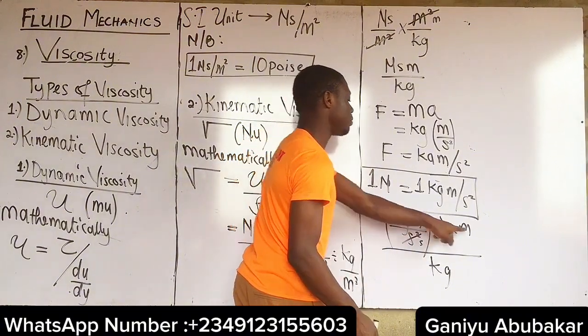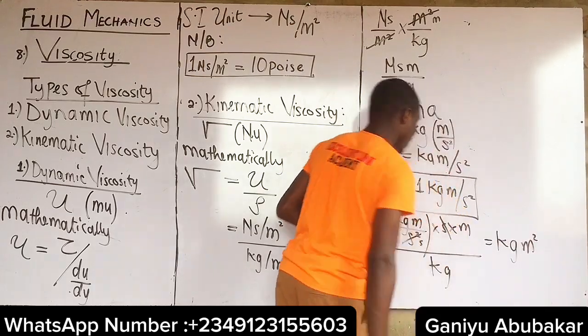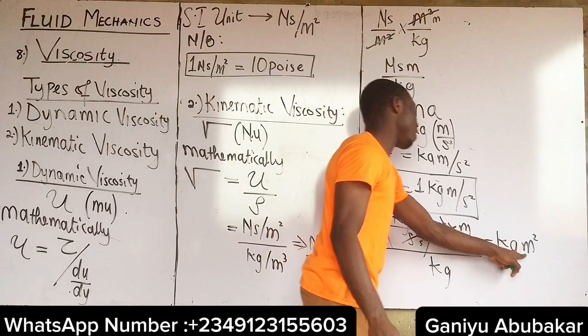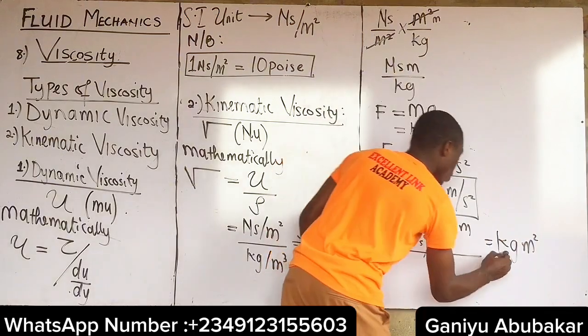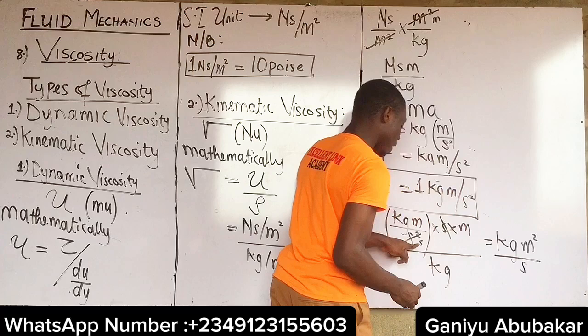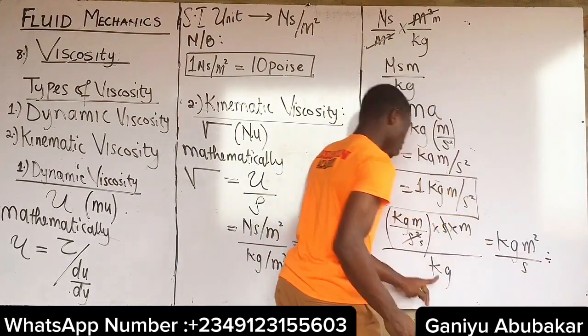Kilogram times meter will give kilogram meter squared, right? Kilogram times meter times meter. Meter times meter will give meter squared. Then all over seconds. So this is divided by kilogram.